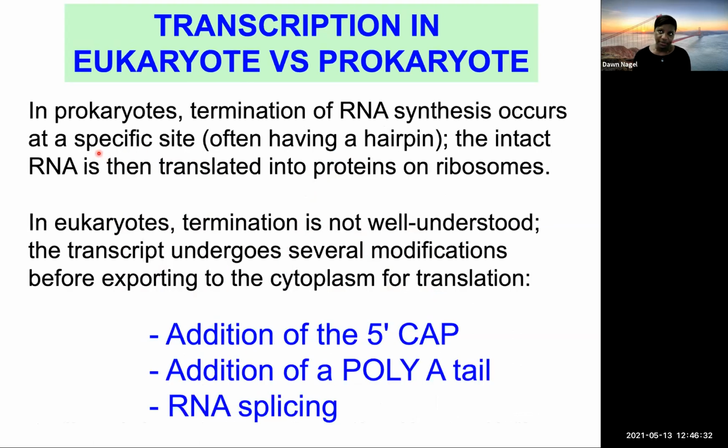While in prokaryotes, we talked about the way that you can terminate. So you have your RNA being made. There are particular transcription termination sites, which usually involve the hairpin structure in prokaryotes, that say this is the end of the transcript that needs to be made, and then that RNA is simultaneously being translated into protein, and that protein ends where the termination site is.